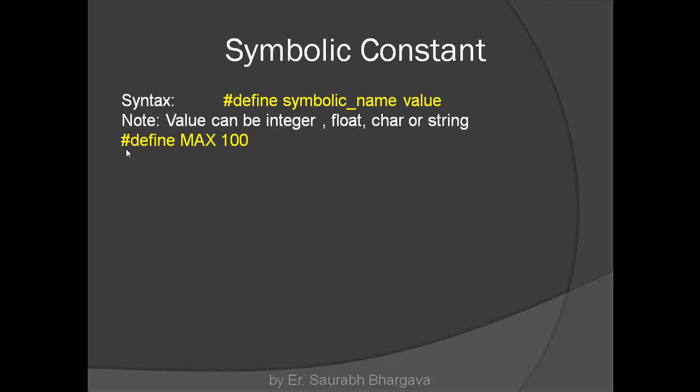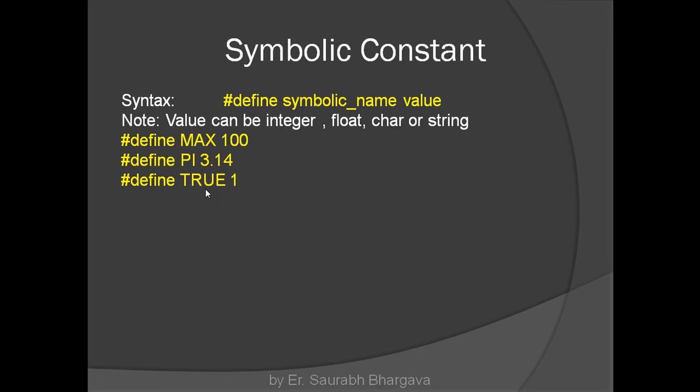For example, we can define it like this: hash define MAX 100. So wherever we print MAX in the program, we get the value 100 throughout the program. Likewise, hash define PI 3.14, so the PI value is 3.14.